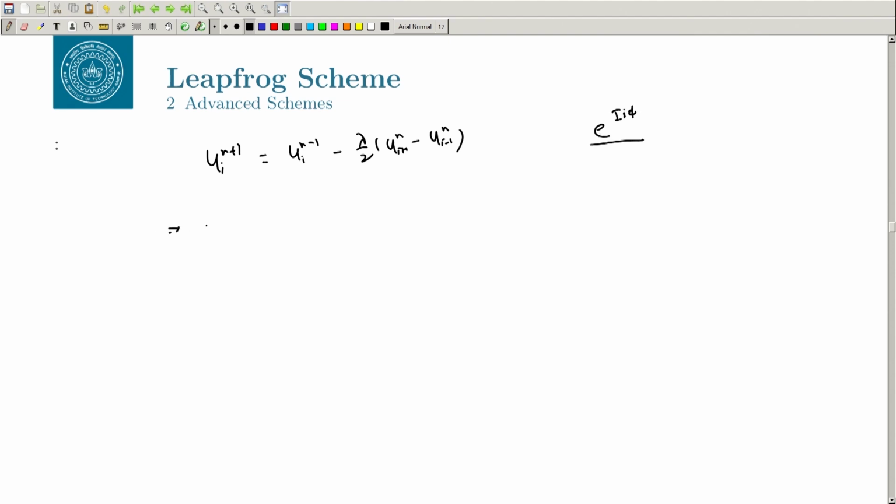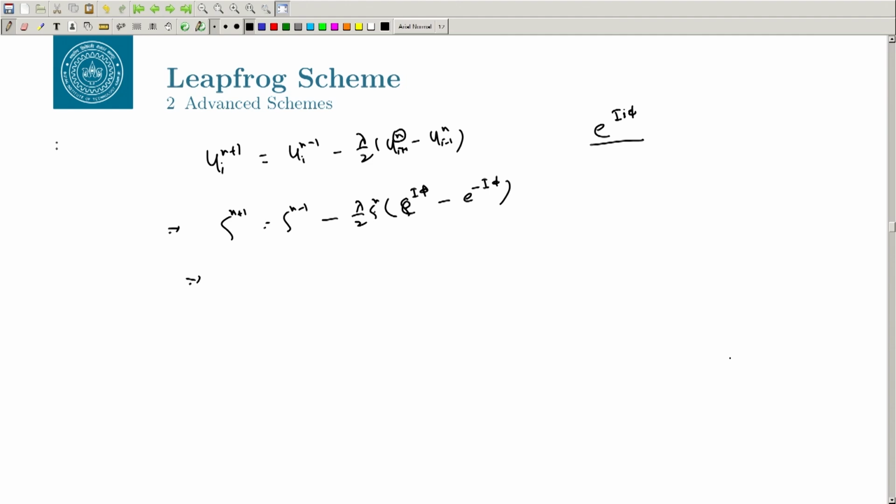Then it can be written as g^(n+1) = g^(n-1) - lambda/2 (e^(I phi) - e^(-I phi)) g^n, because this is the nth level, right. Now, how do we do the stability analysis of the system?